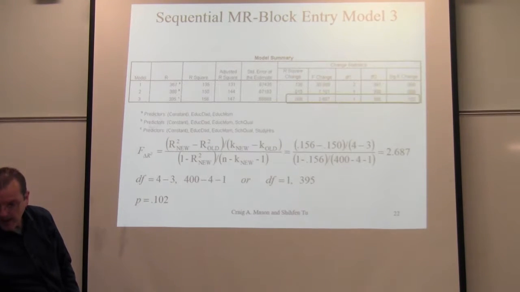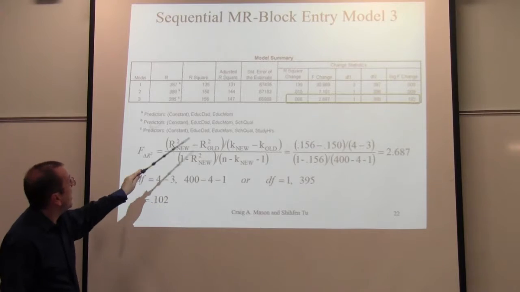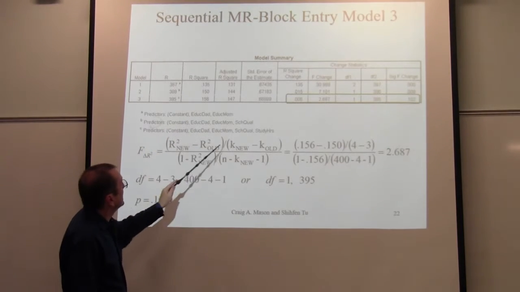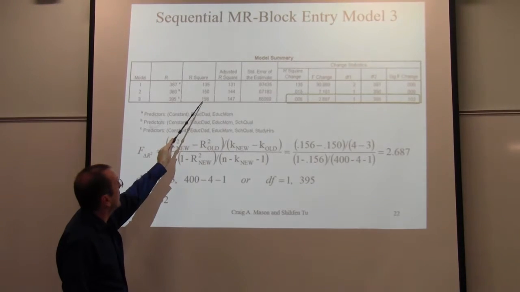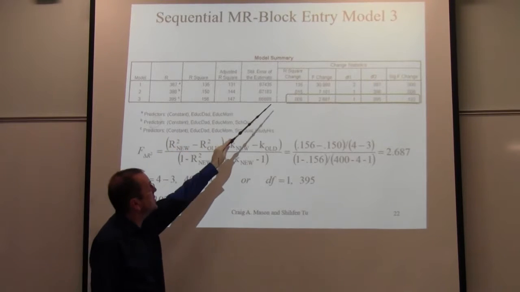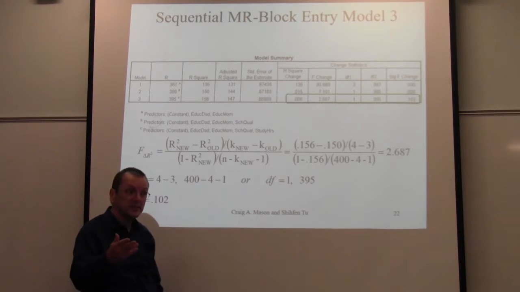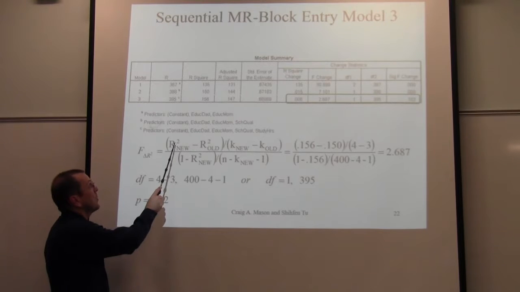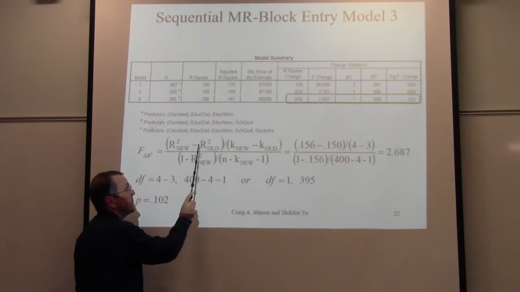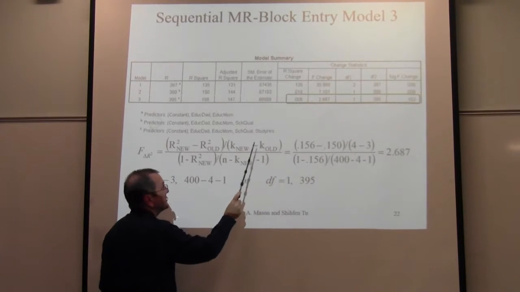And then, again, at the bottom, when we add study hours, the r squared is now 0.156. The change in r squared is 0.006. So the r squared new is 0.156 minus the r squared old, 0.150.